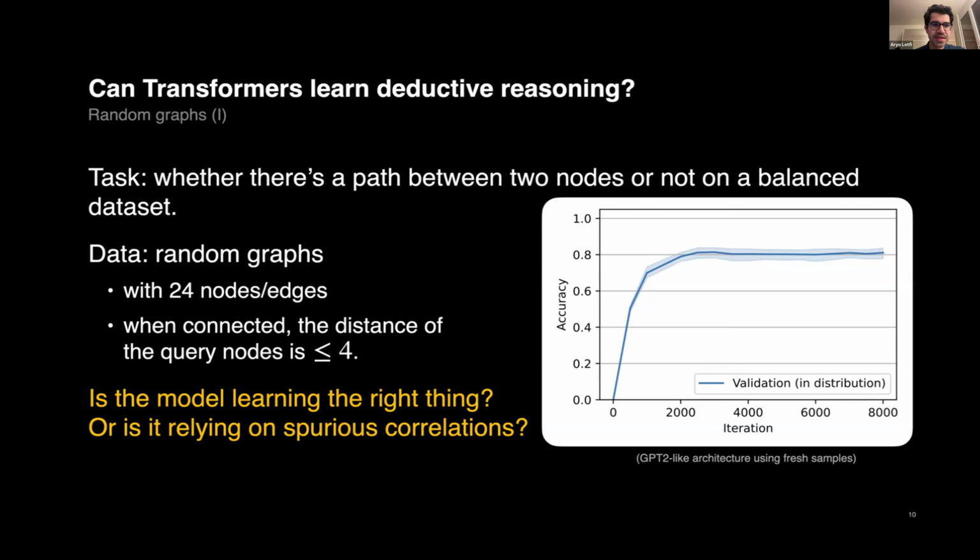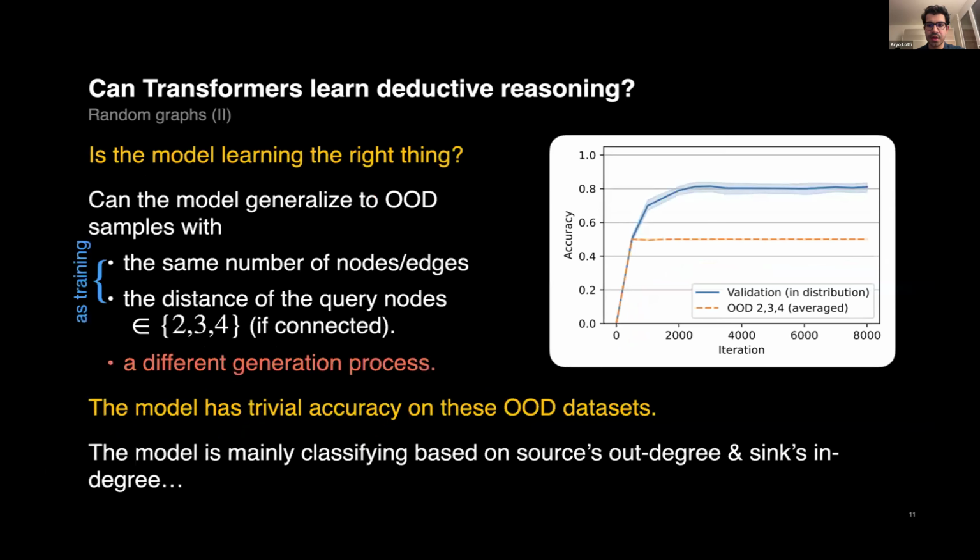To answer this question, we tried an OOD dataset. We kept the number of nodes and edges the same, again 24 edges and 24 nodes, but this time we used a different generation process. The graphs are not coming from the Erdos-Renyi distribution, but rather each graph is a collection of cycles.